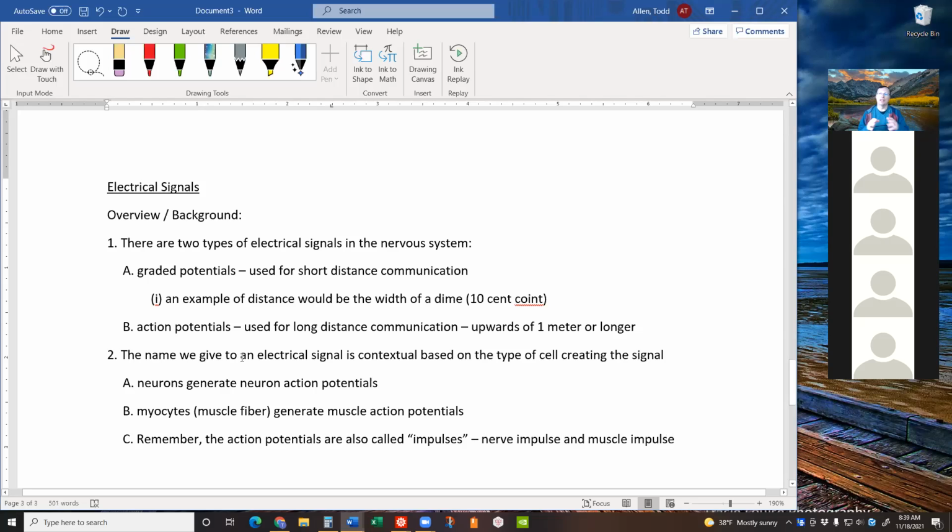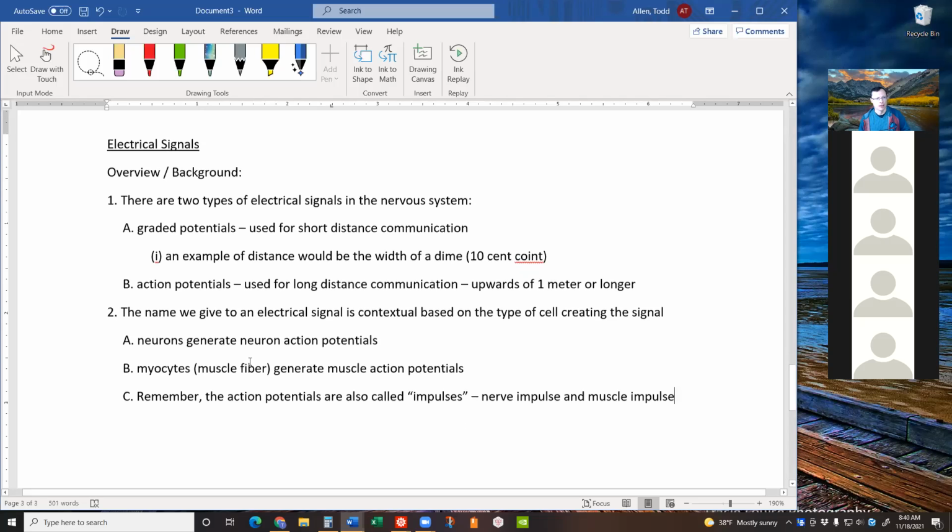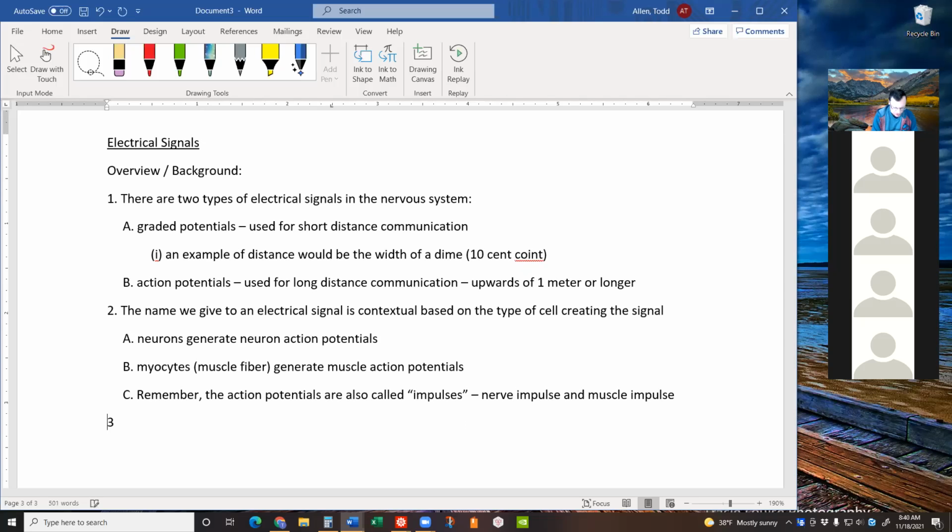These are different ways of basically referring to the same thing. One final piece of information here. We need to talk about membrane potential.